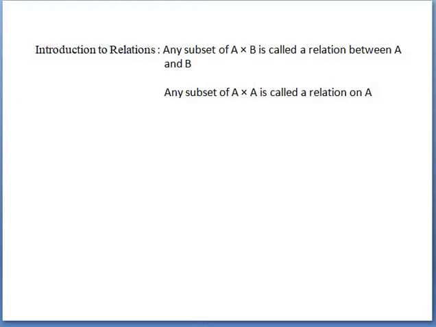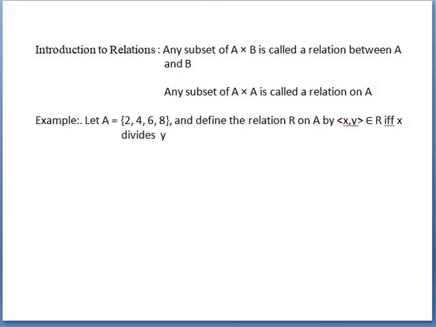Okay. So next, let me give you an example. Let A be a set and the elements of set A are 2, 4, 6 and 8. Now I have to define the relation R on A. Because here I have given only one set, my relation will be of the second type, that is A cross A. So that's why I have written this.